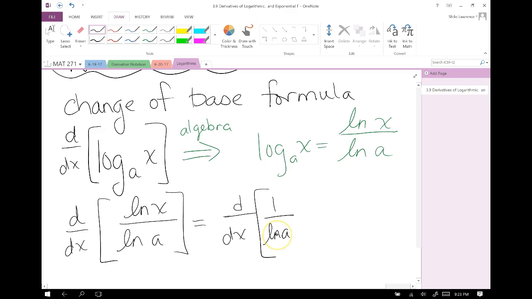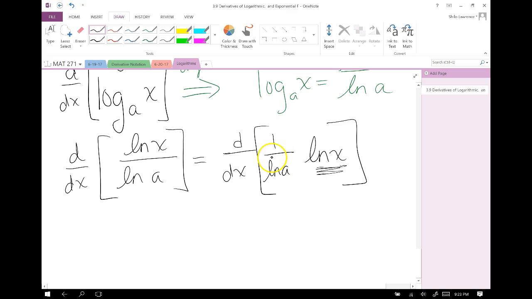And that's really just a coefficient. 1 over natural log of a has just a number value. The function of x that we're trying to take the derivative of is this piece, natural log of x. The 1 over ln of a is just going to follow our coefficient rules for derivatives, and it's just going to be carried on to the next step.